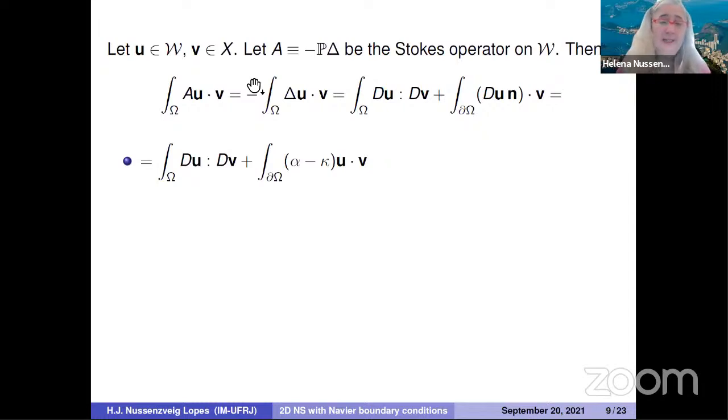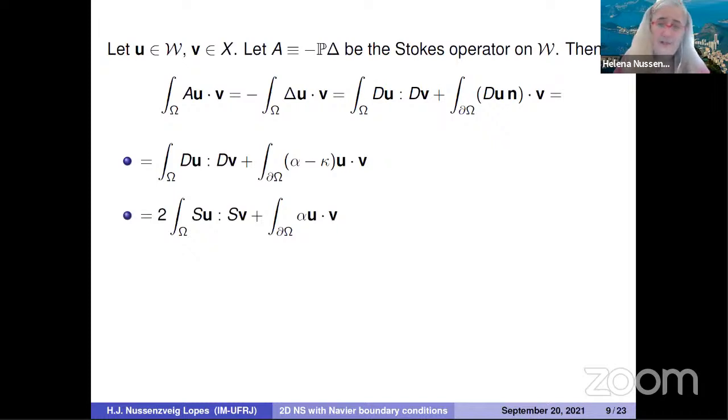Okay. So this can be rewritten in one of the following ways. The integral inside the domain, using the fact that U satisfies the Navier boundary conditions, this is the integral inside the domain of the trace product of the gradients, plus the integral on the boundary of alpha minus kappa, and here's kappa appearing for the first time, times U dot V. Notice that for this term all you need is H1, because all you're taking is the trace of U on the boundary.